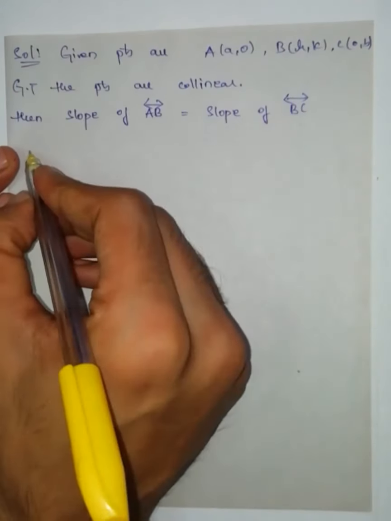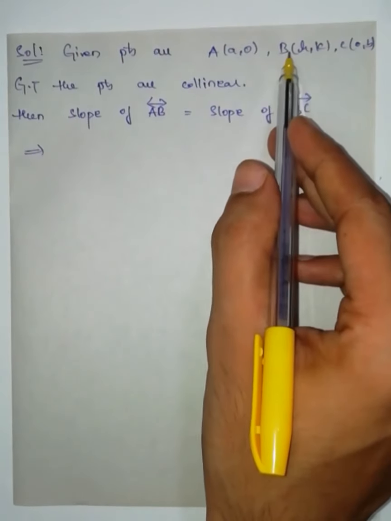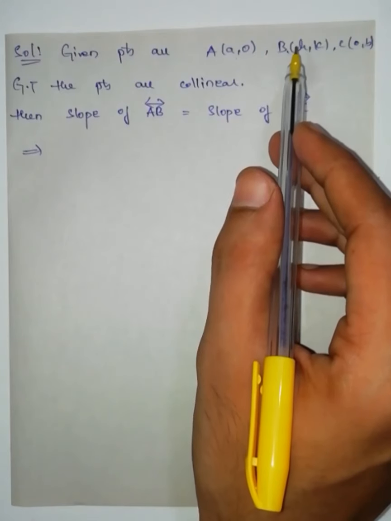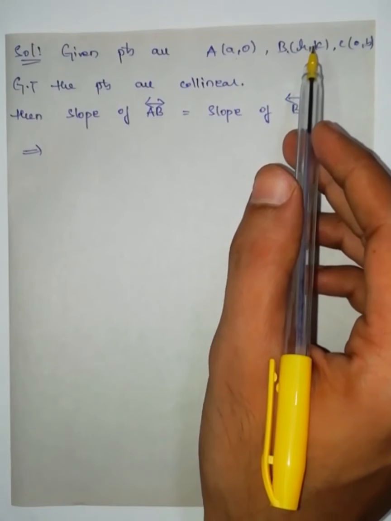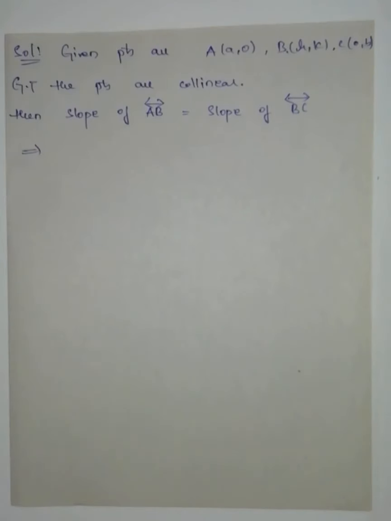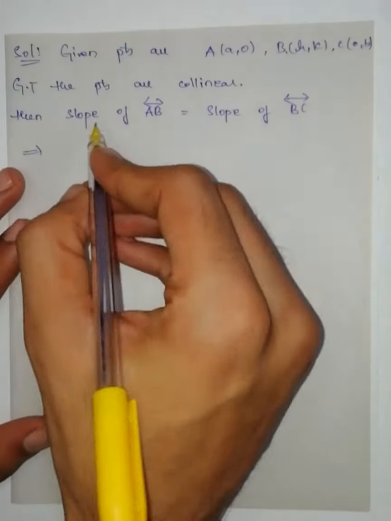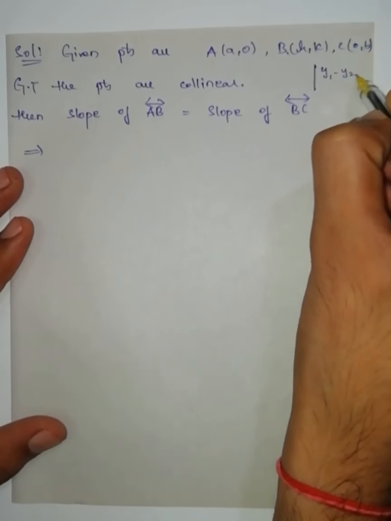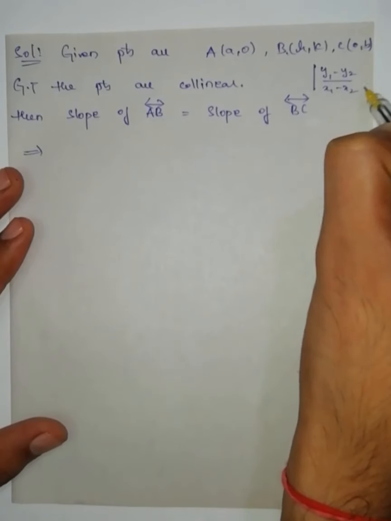If we know the 2 points, then we can find the slope of a line. The formula to find the slope of a line using the 2 points x1 y1 and x2 y2 is, can you all say the answer? I am writing here in a rough part, y1 minus y2 by x1 minus x2.